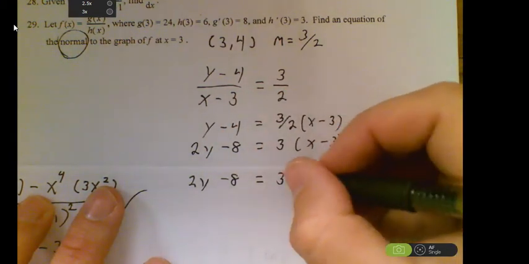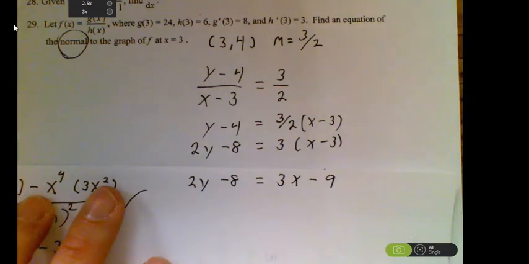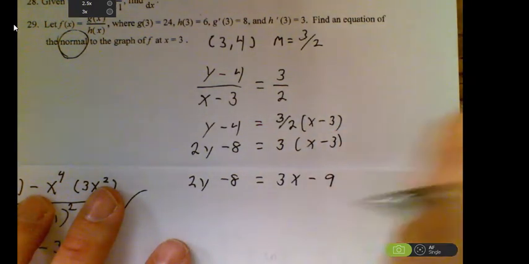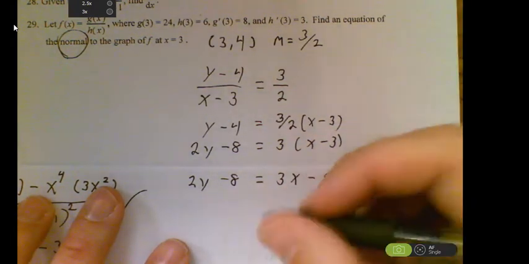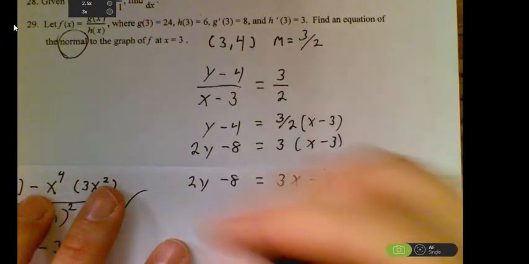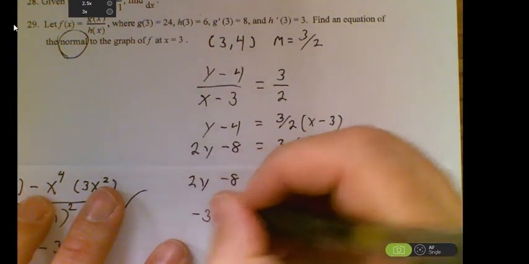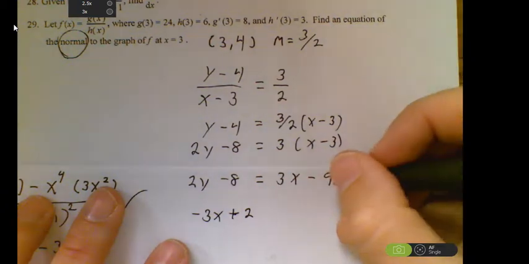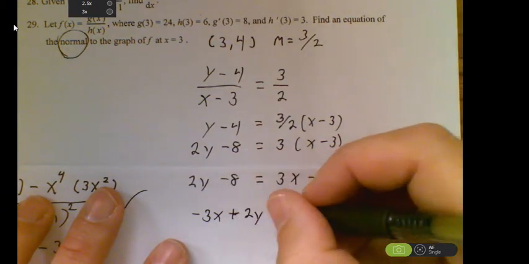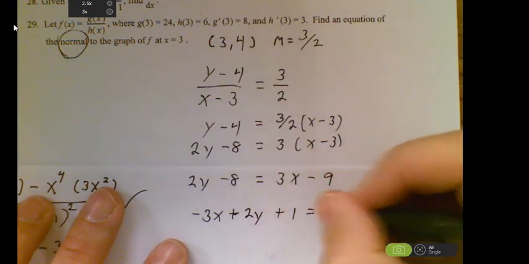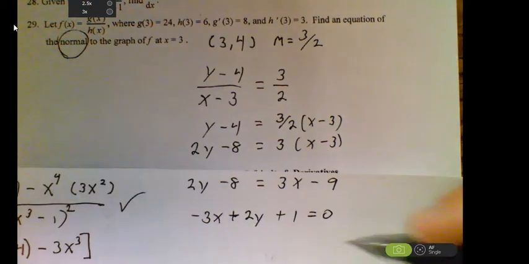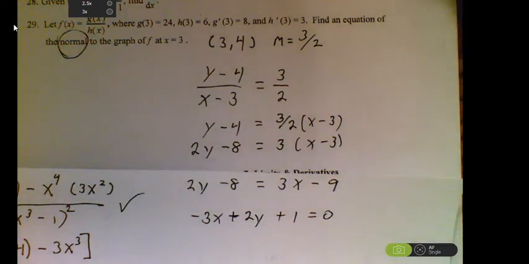So 3x minus 9. Again, this is just about formatting from here, so we could bring everything over to the left. So I would have negative 3x plus 2y, add the 9. So that's one way to write it. Maybe you want to put the 1 on the right, and it would be negative 1.